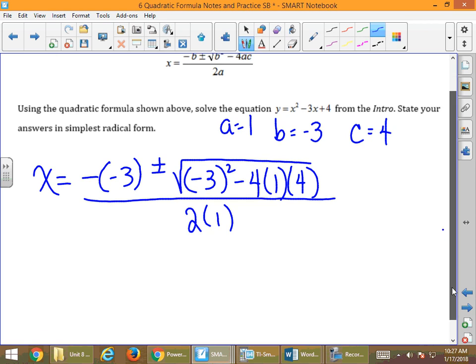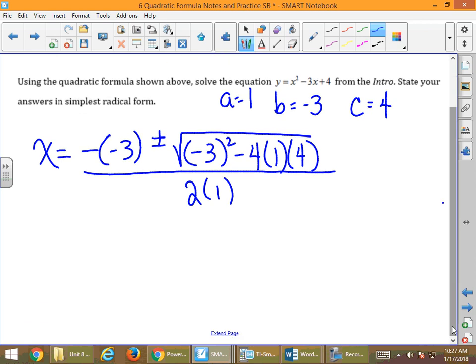If you're using your calculator, the -3, I highly recommend that you write in parentheses. Because when we square that, and actually let me go backwards here for a second, minus a negative is going to give us a positive. So it's going to be 3. Plus or minus, -3 squared is 9.